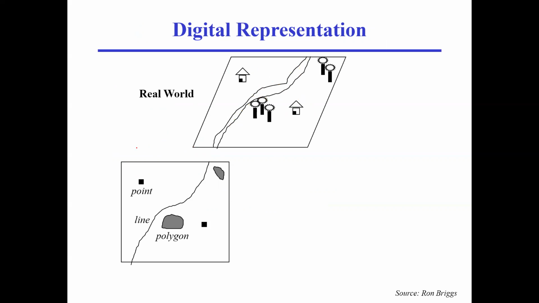If you want to use a vector model to address them, a line feature can be used to address the river. It's a linear feature, right? A point, another point, two points are good enough to address two houses, right? And two other polygons are used to address two woods or forests, right?